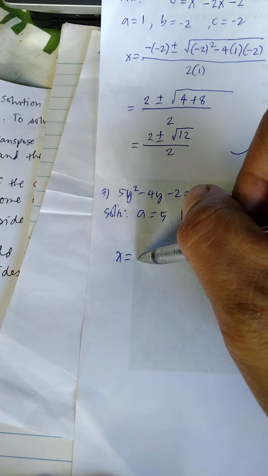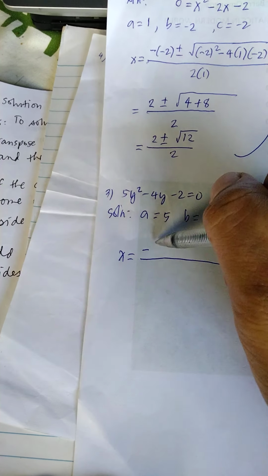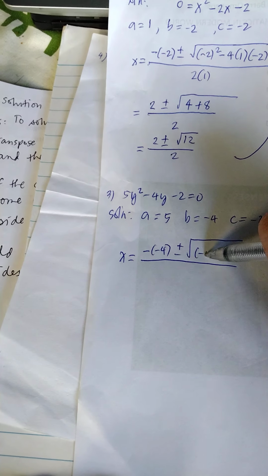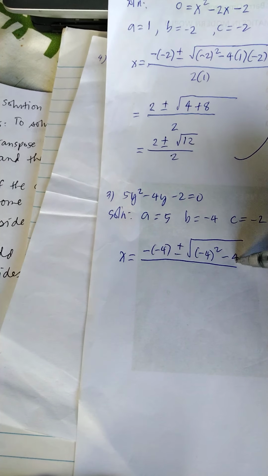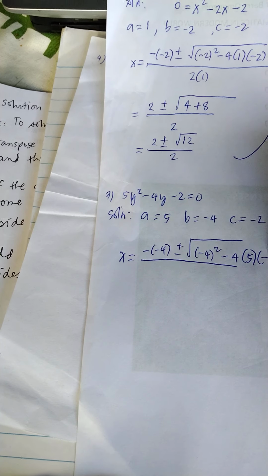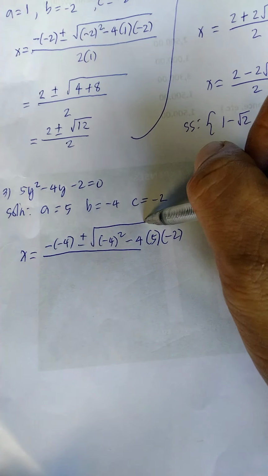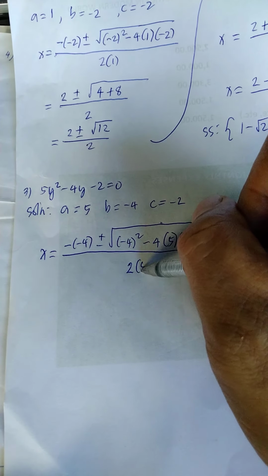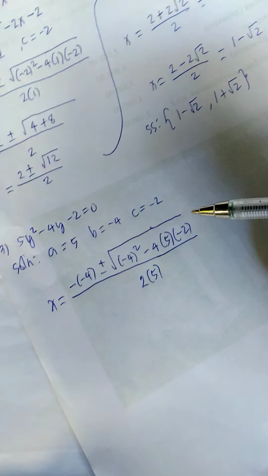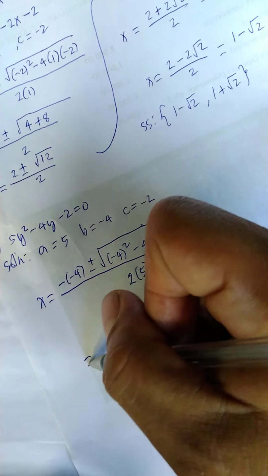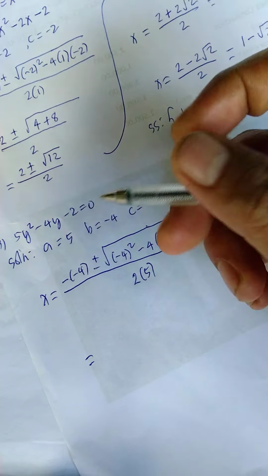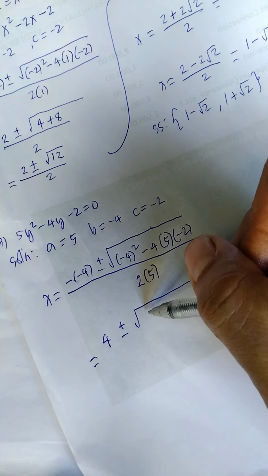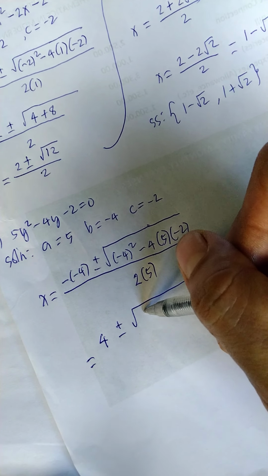So x is equal to -4 plus minus -4 squared minus 4 times 5 times -2. No? Mo na siya. Whole over 2a. So 2 times 5. Mo na siya. Then, we have negative times -4. You have +4 plus minus -4 squared is 16.